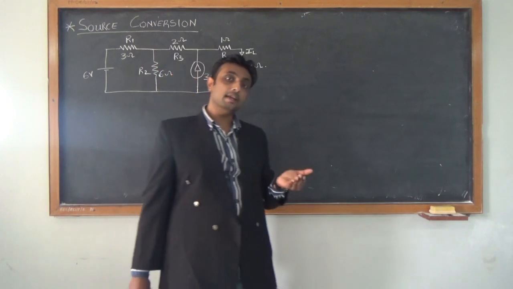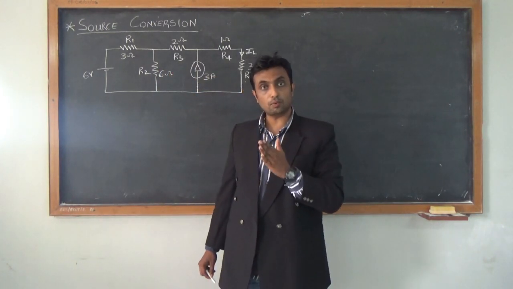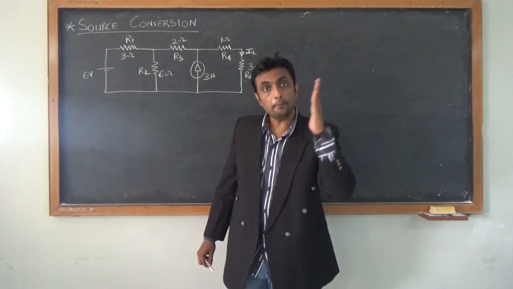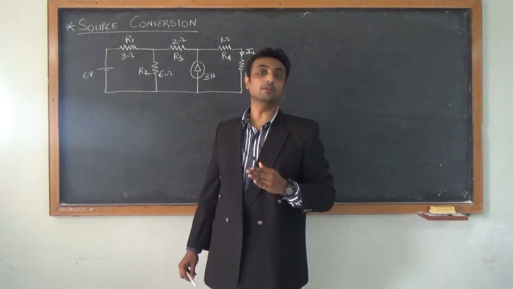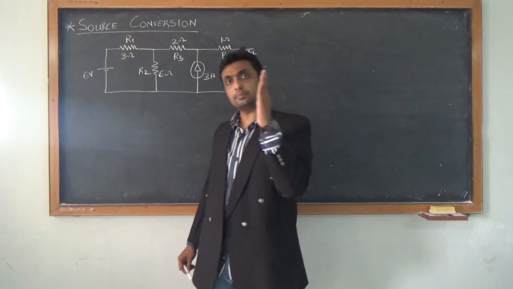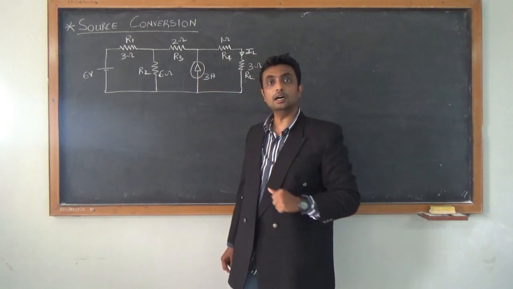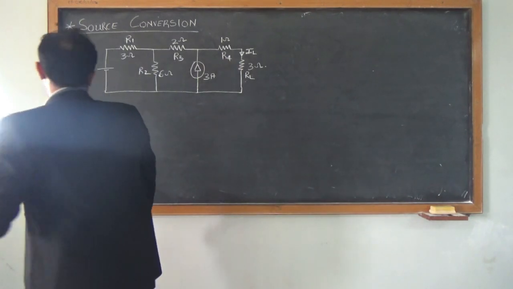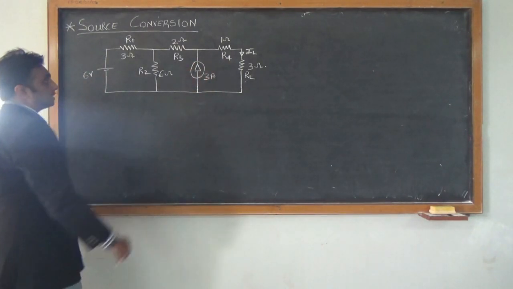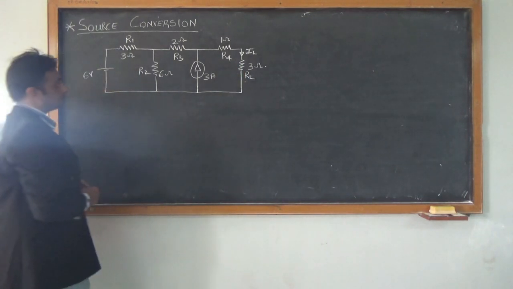In the same way, we can convert a current source to a voltage source provided the resistor is in parallel with the current source. If it's in series, it cannot be converted to a voltage source. So the resistor has to be in parallel with the current source to convert it to a voltage source. So, using source conversion, I want to find the current flowing in this 3 ohm resistor.